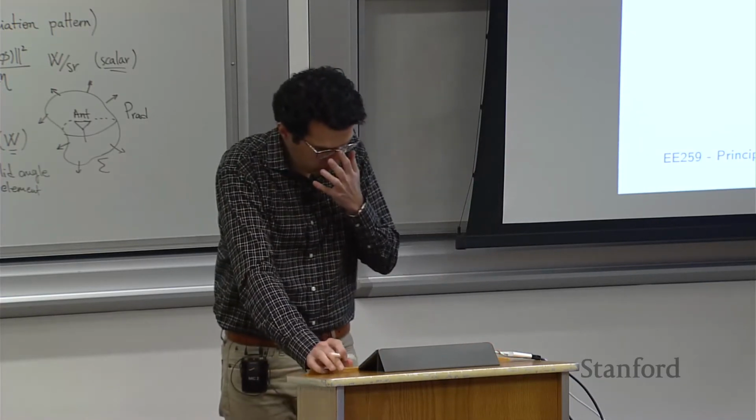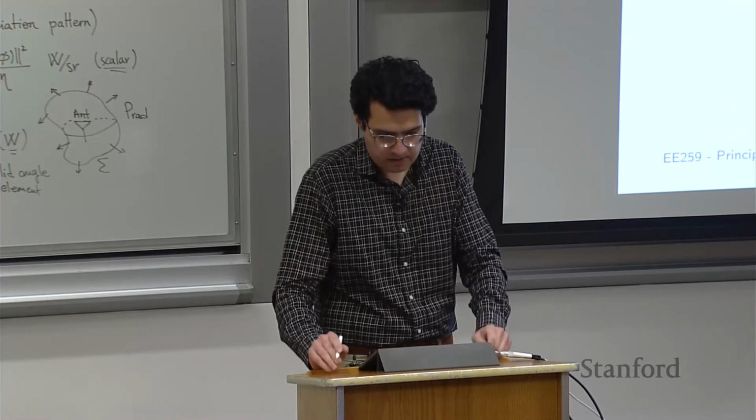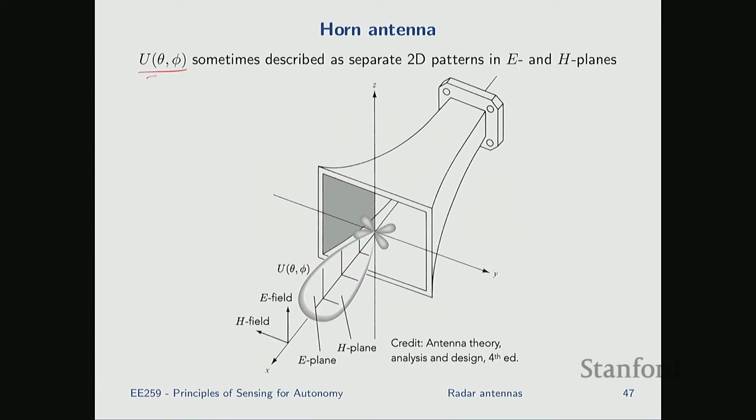One thing that is quite common when describing radiation patterns is that instead of giving the full U of theta and phi as a function of azimuth and elevation, sometimes only the two cross sections in two orthogonal planes are given. For this radiation pattern here, you might only be given a cross section in the horizontal plane that I'm showing in red, and a cross section in the vertical plane that would be the green one.